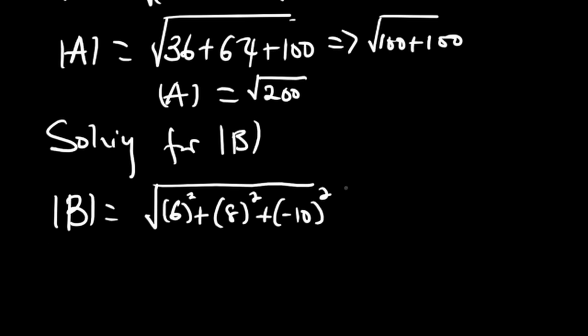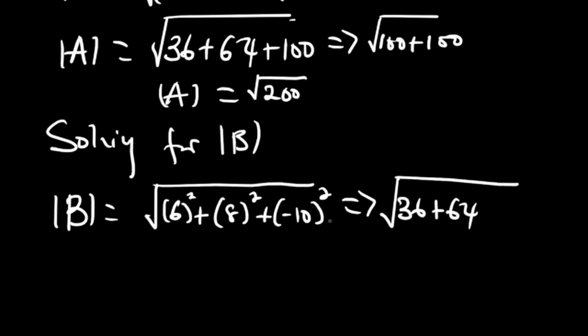So let's evaluate them and see what we obtain. 6 squared is 36, 8 squared is 64, and negative 10 squared is 100. Just like when you have negative 10 times negative 10, it gives you a positive 100.